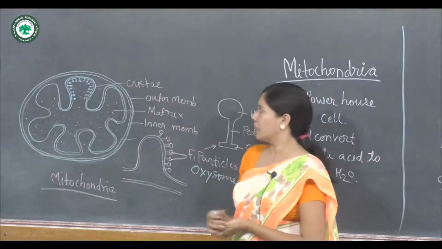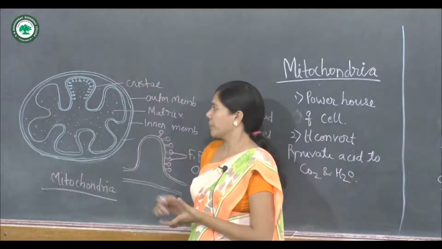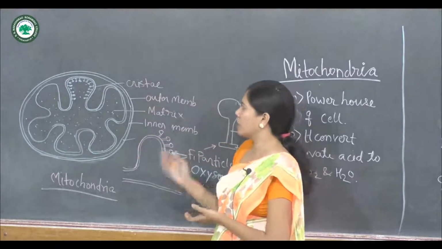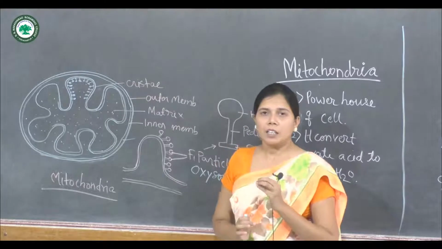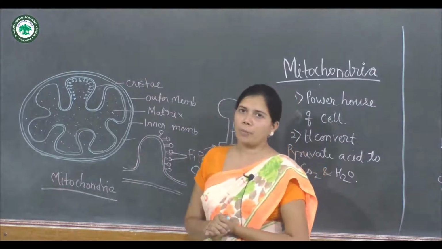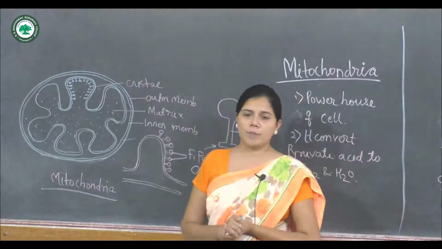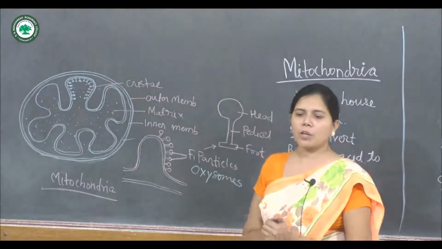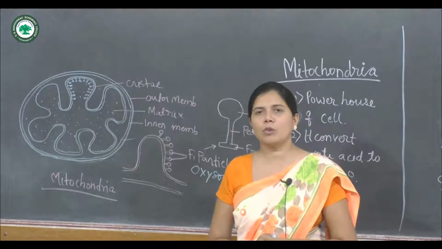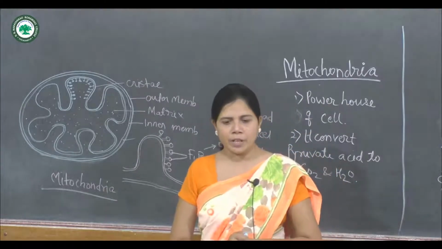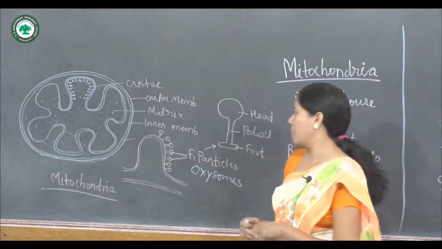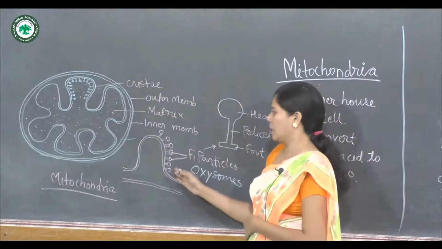Again, the cristae, that folding projection, bear lollipop-like structures which are known as oxysomes or F1 particles. These are also known as elementary particles or mitochondrial particles.